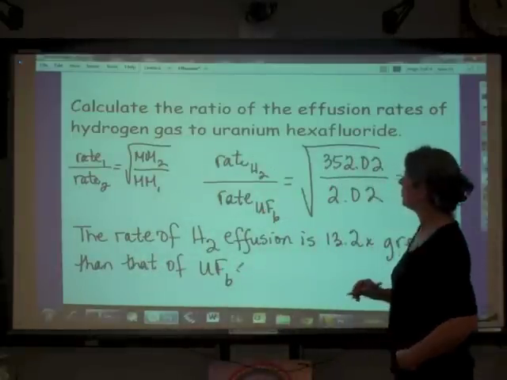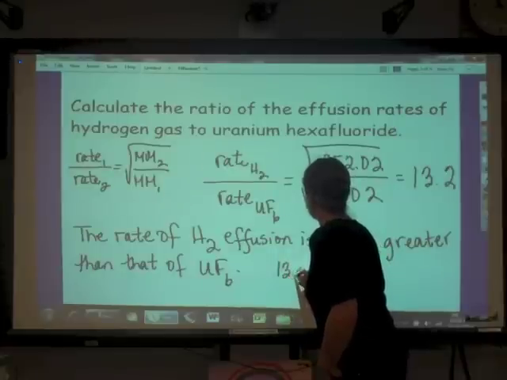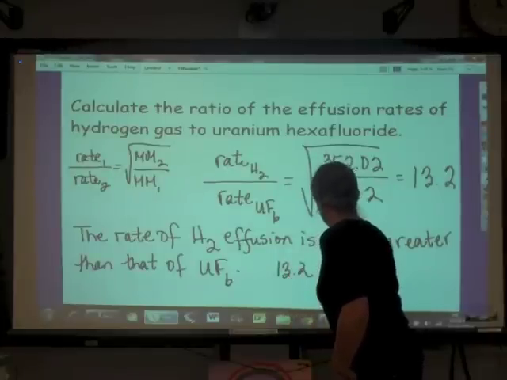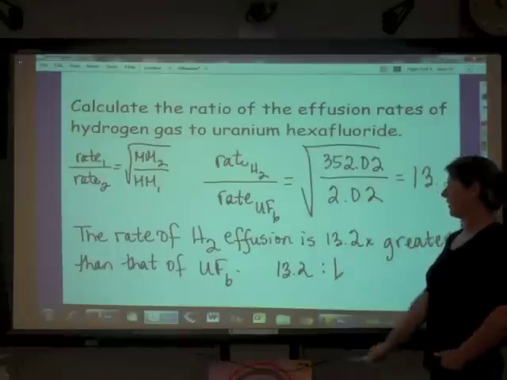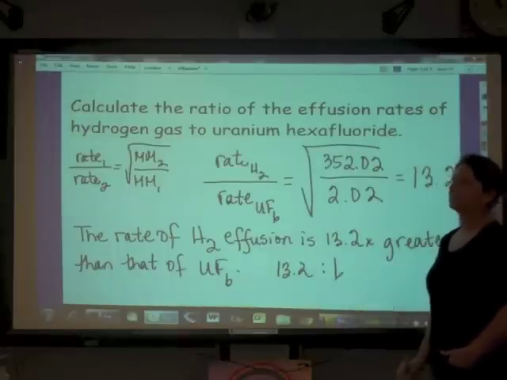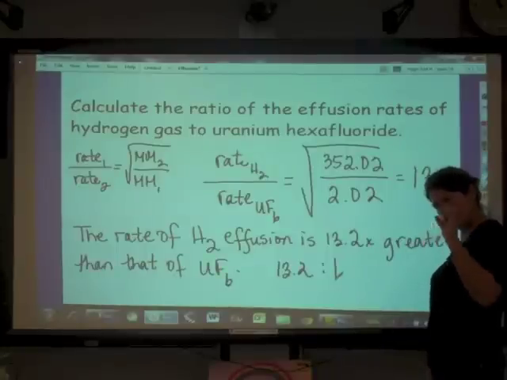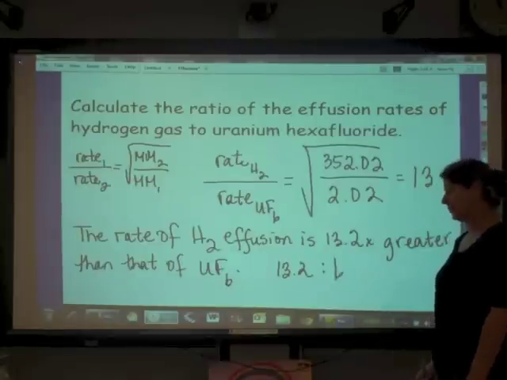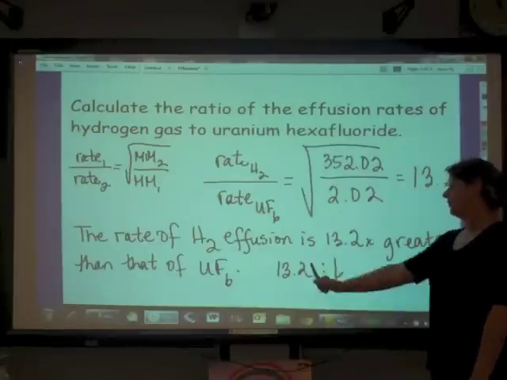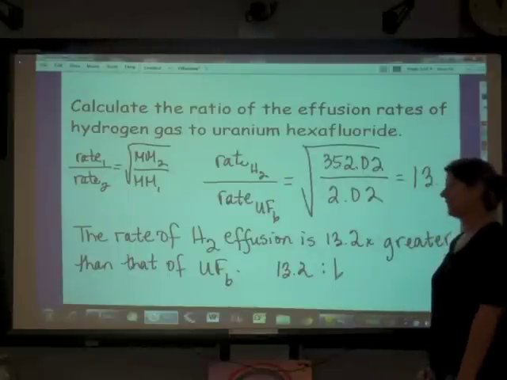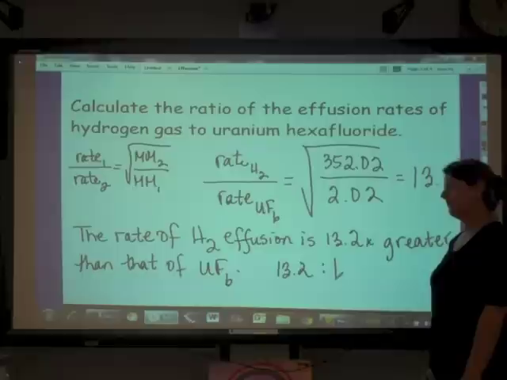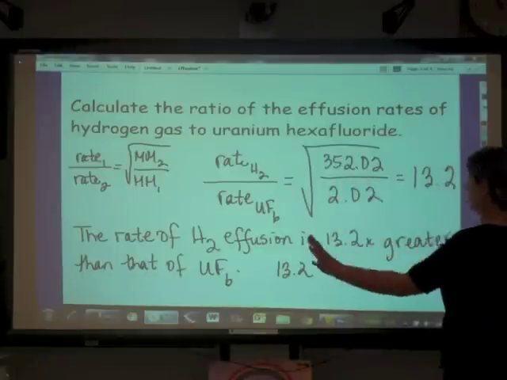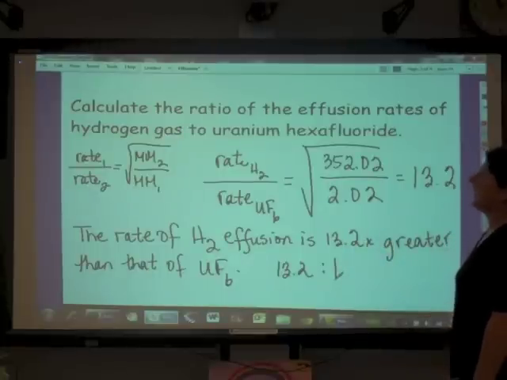So our ratio here would be 13.2 to 1. For every 13.2 hydrogens that can effuse through a little tiny opening, 1 uranium hexafluoride will effuse. So for every 13, approximately, we will get 1. Okay, so that's one way that we can look at this. How else will we be asked to do problems about effusion?